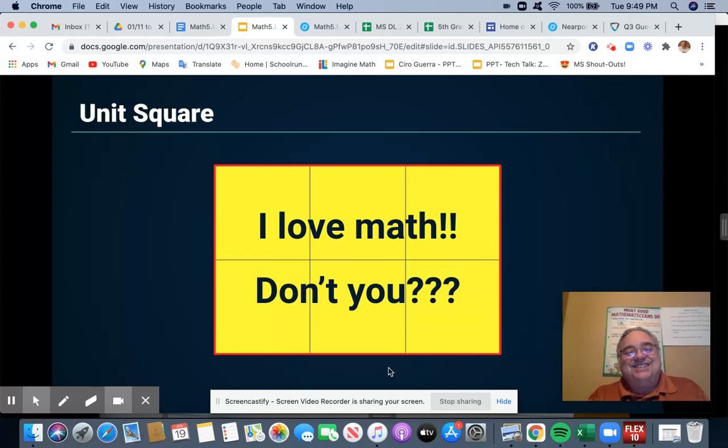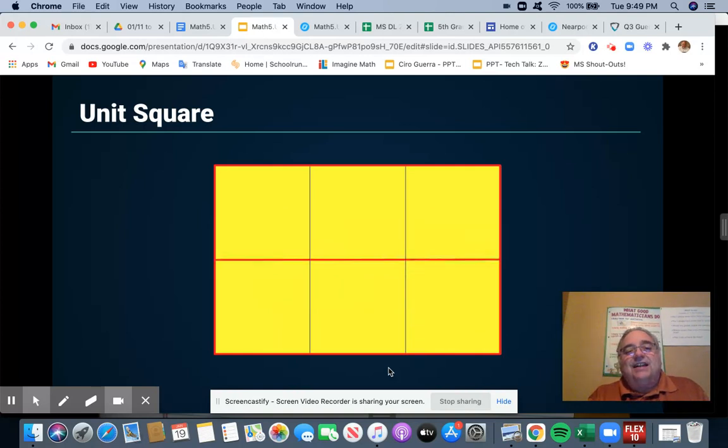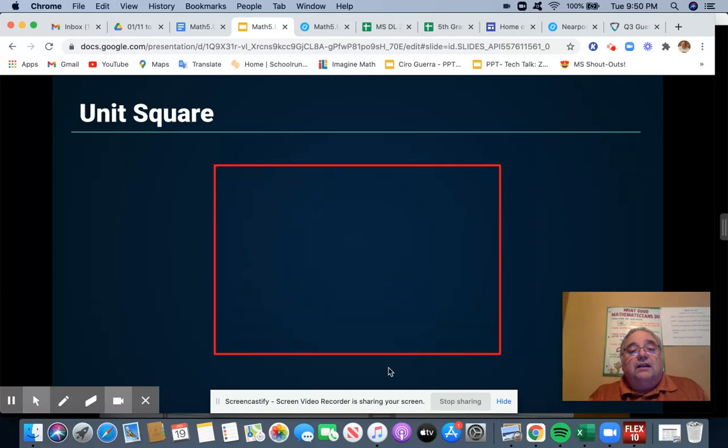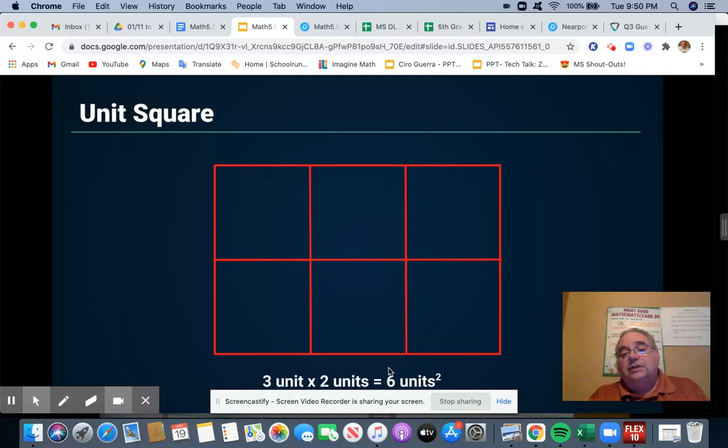I sure do. Then I can draw it out. So I'm going to draw with my red lines, do it in 2, and then have 3 units. So I can label them next, and that will give me 3 times 2, which equals 6 units squared.